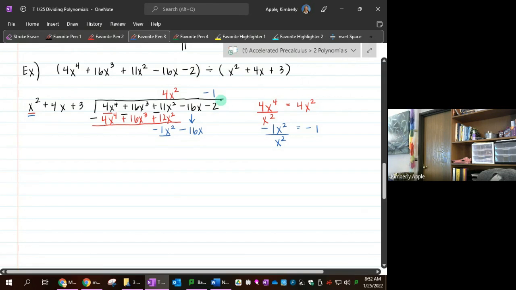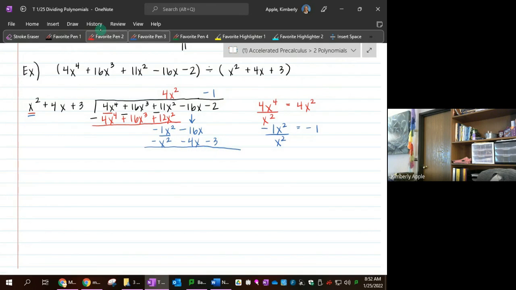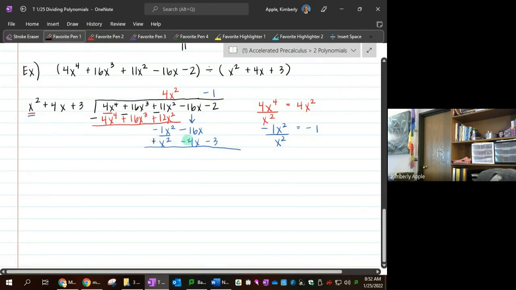Let's see how it goes. So negative 1, this is negative x squared. This is negative 4x, and this is negative 3. Plus, plus, plus. That goes away.